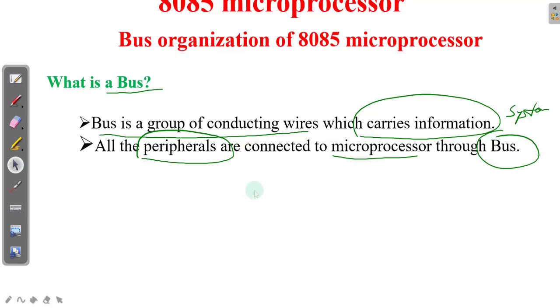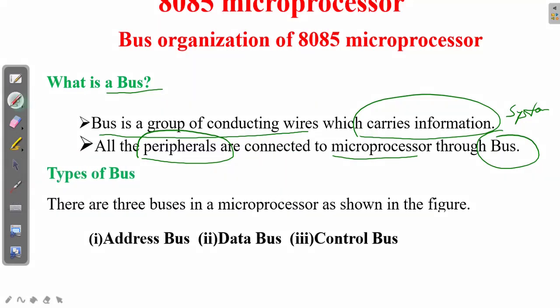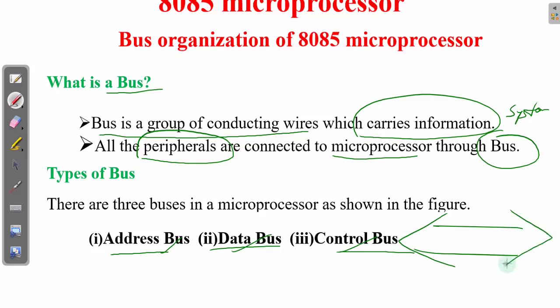So there are actually 3 kinds of buses. You already knew 2, and now I am telling you all 3: address bus, data bus, and control bus. Inside your system bus, you will find the address bus, the data bus, and also the control bus.